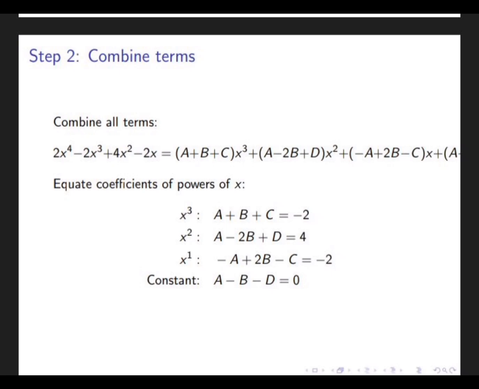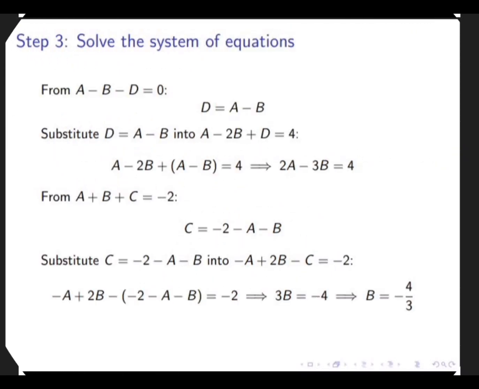Are you getting it? We can now go ahead and solve for the values of a, b, c, and d. We are solving the system of equations, and you can use different substitution methods. This is the way I chose. The first variable that we solved for is b.